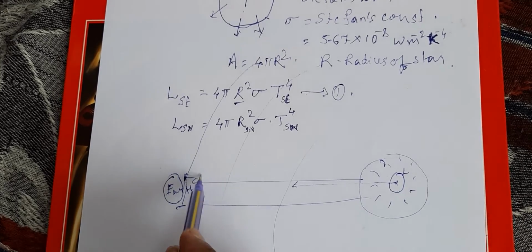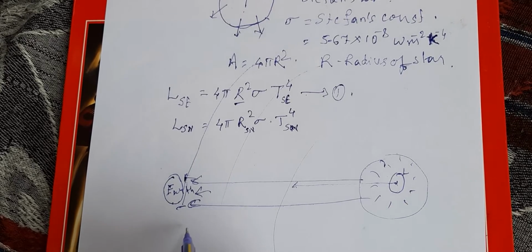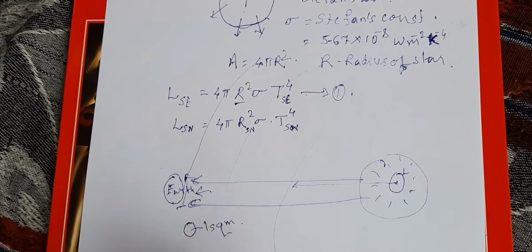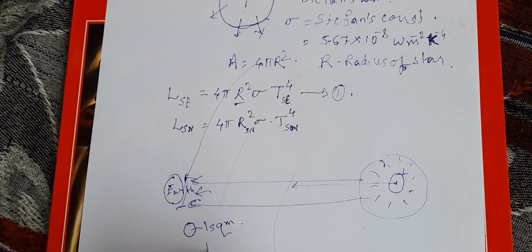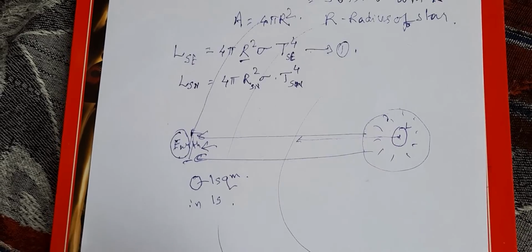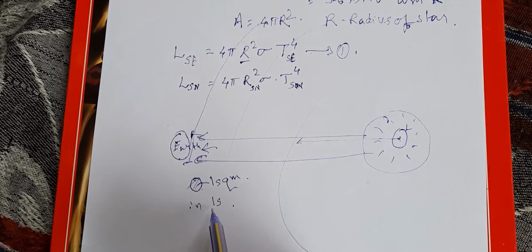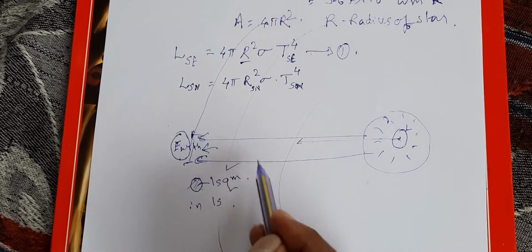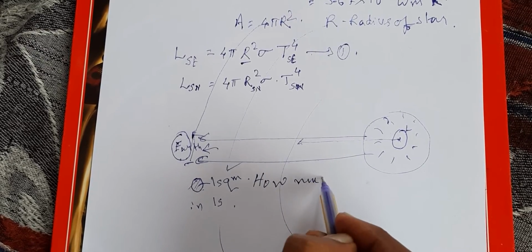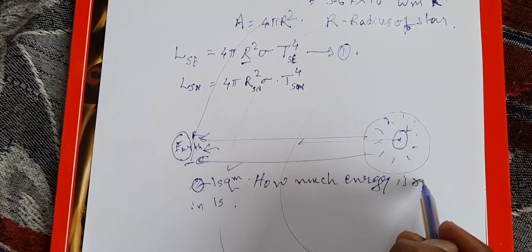So here, the radiation which is received by earth per unit area, if you take 1 square meter area on earth, in 1 second, how much energy is received?